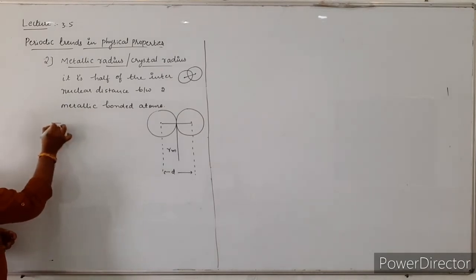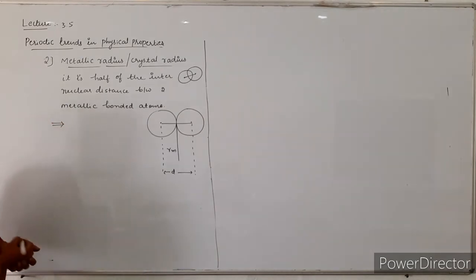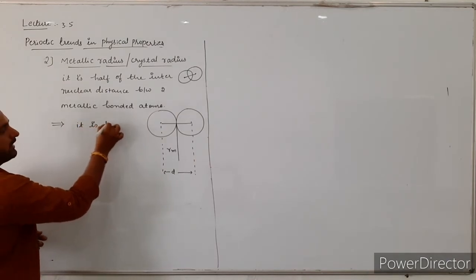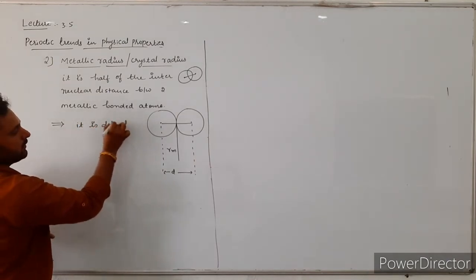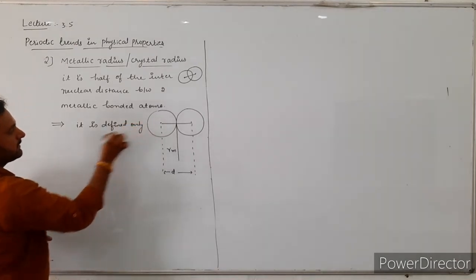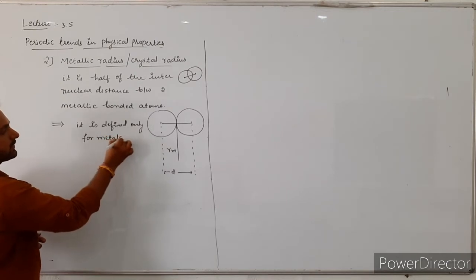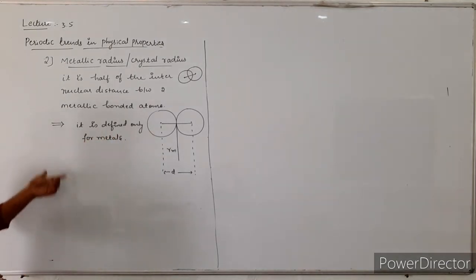Metallic radius is calculated for only metals. It is defined only for metals.